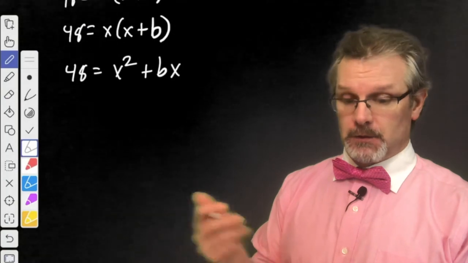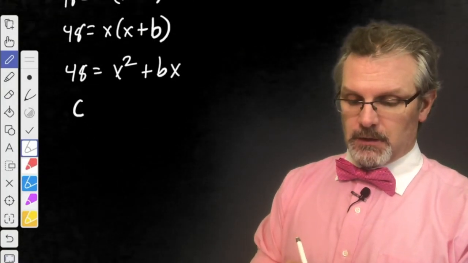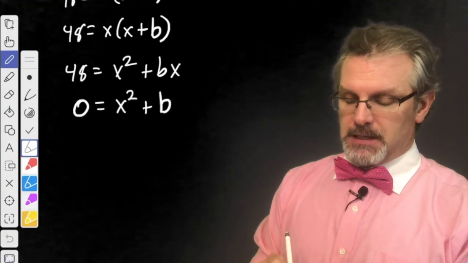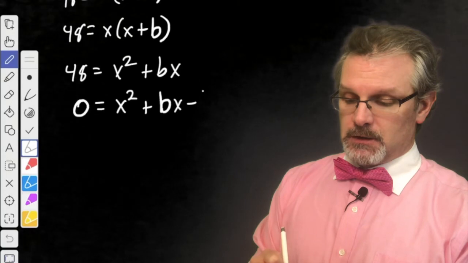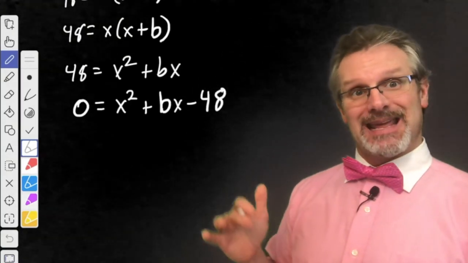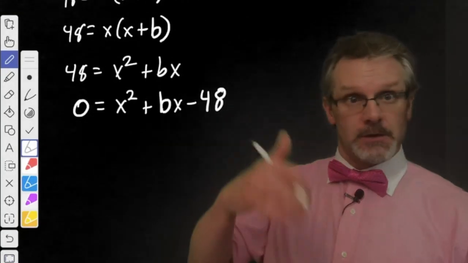And to find the solutions of this one, set the expression equal to 0, so 0 equals x squared plus bx minus 48. And so we have a standalone expression that we can substitute anything in we want.